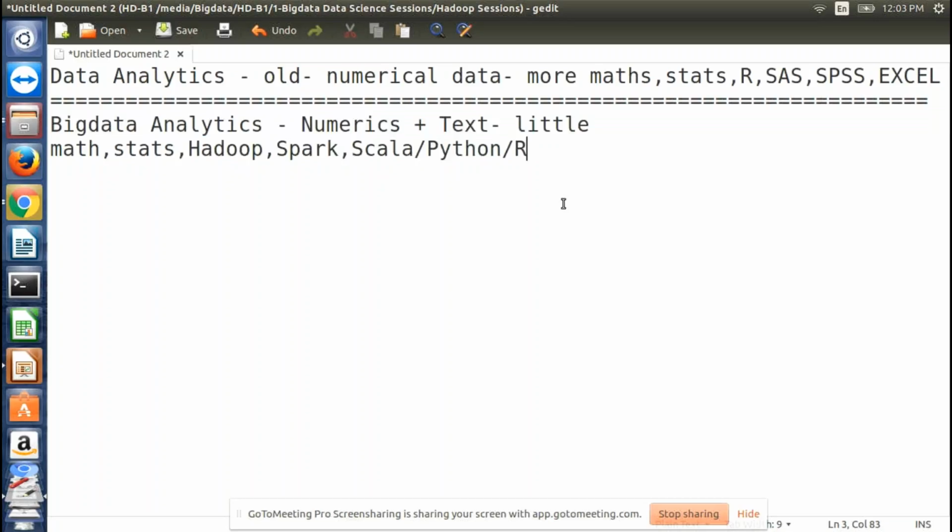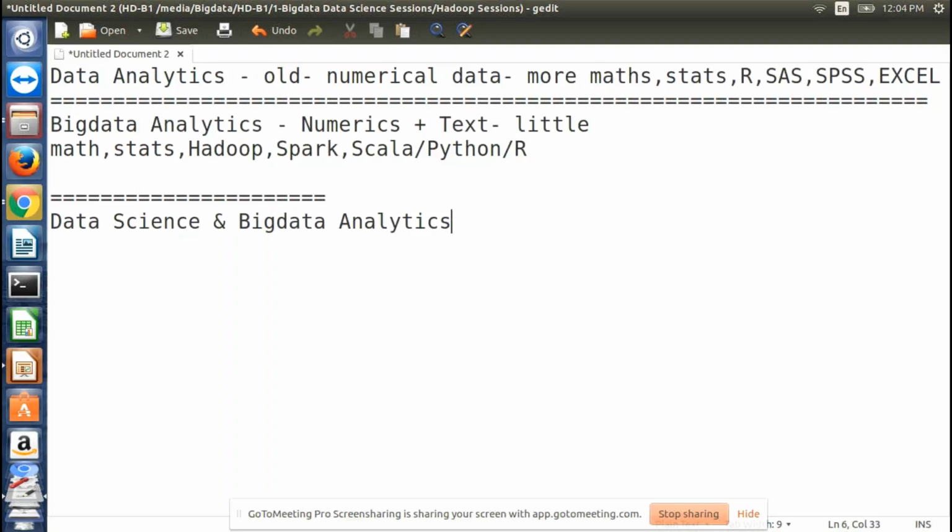So what are you going to learn here? Data science and big data analytics with Spark, Scala, Python.